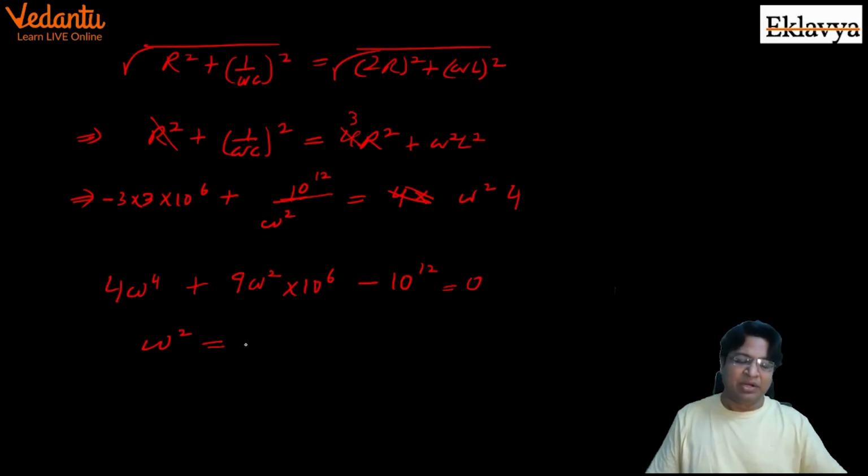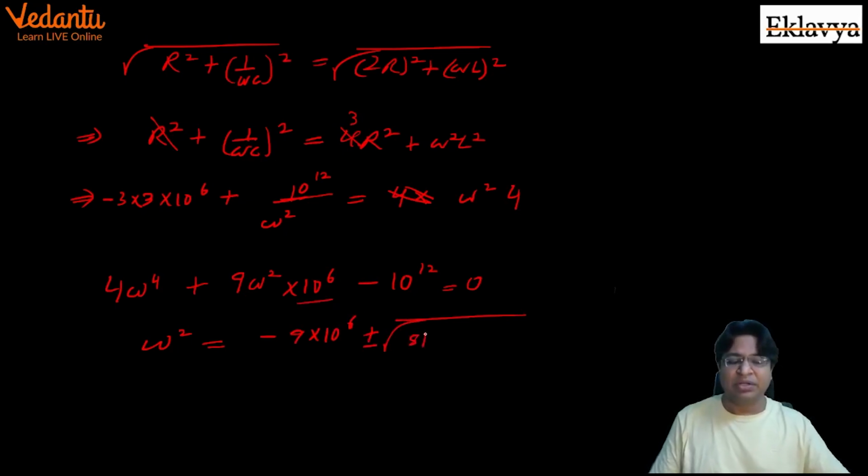That would be minus b plus minus root of b square, so that is 81, plus 4ac, so 16, and this entire thing will have a power like this. All right, so this divided by 8.